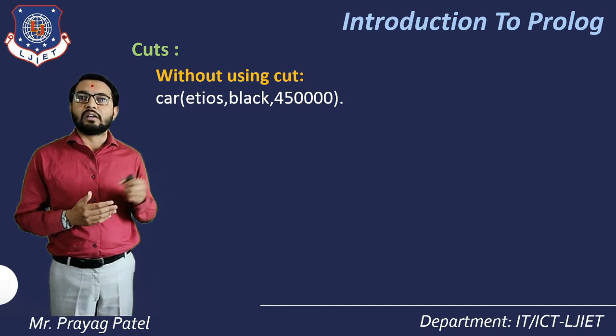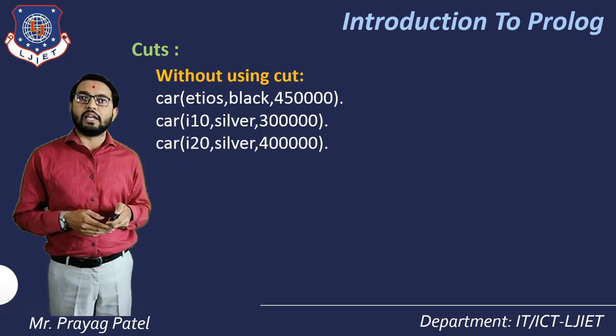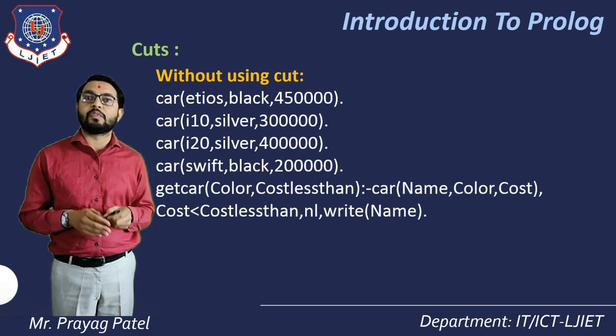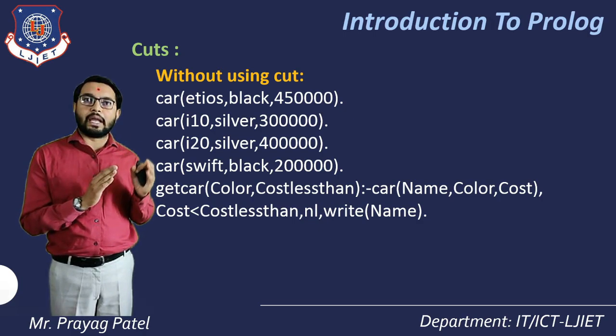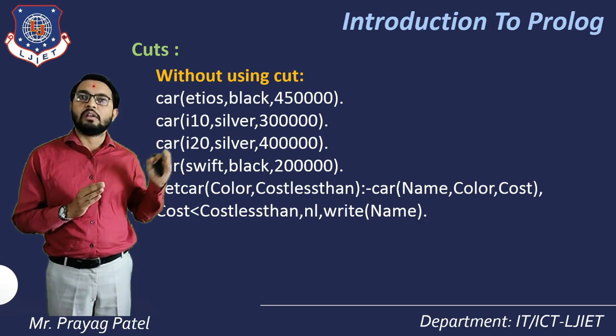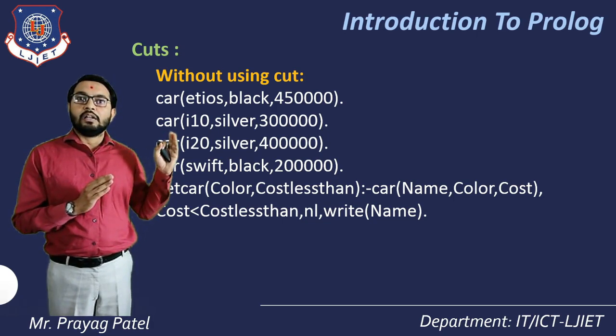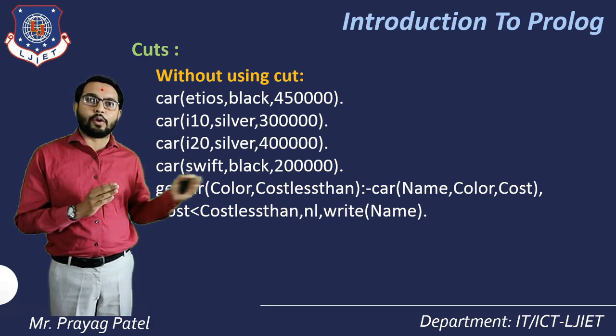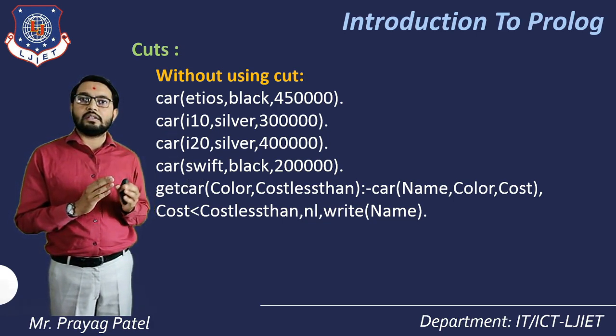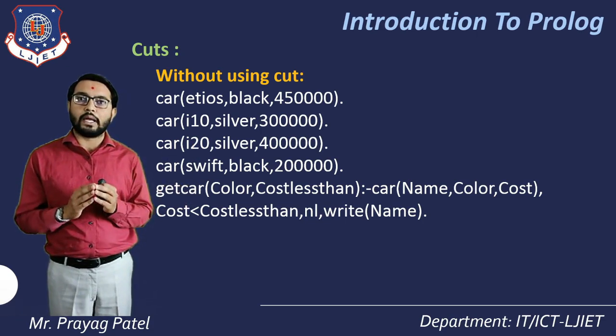All the available cars are like this: car Etios black 4,50,000; car I10 silver 3 lakh; car I20 silver 4 lakh; car Swift black 2 lakh.